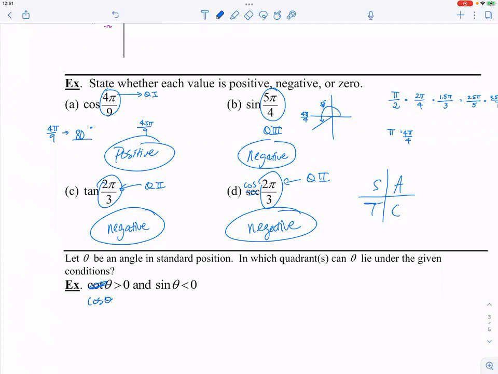Cosine being positive and yet sine being negative.